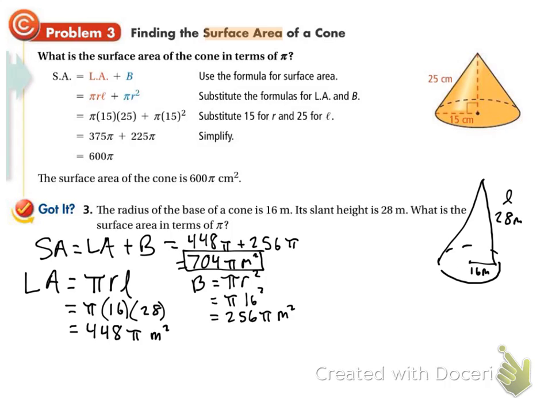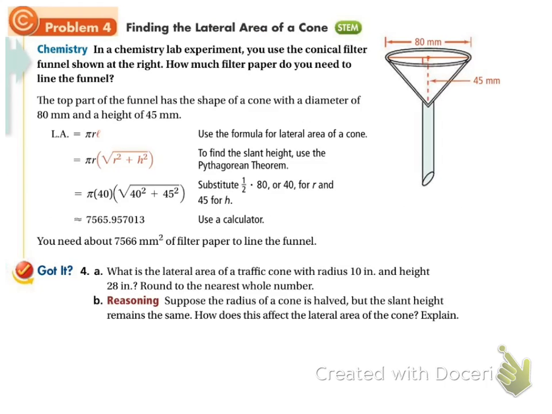Not too bad, right? Okay, so let me pull out my orange because we are about to find the lateral area of a traffic cone. So here is my best attempt at a traffic cone. Okay, not great, but not horrible.